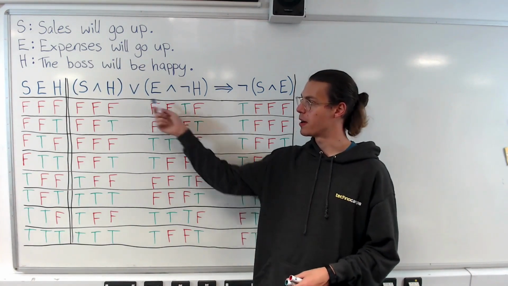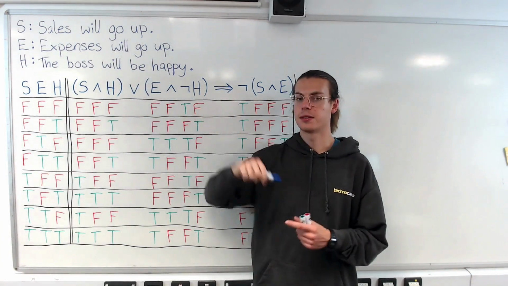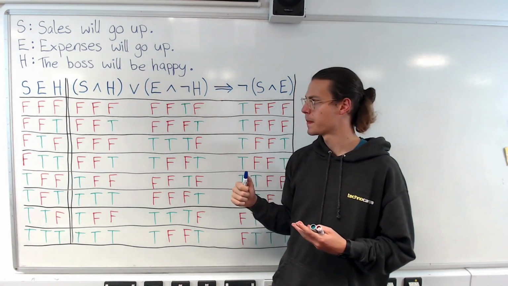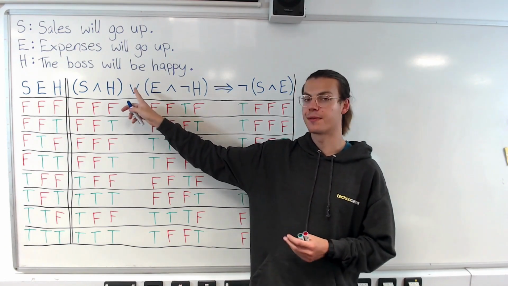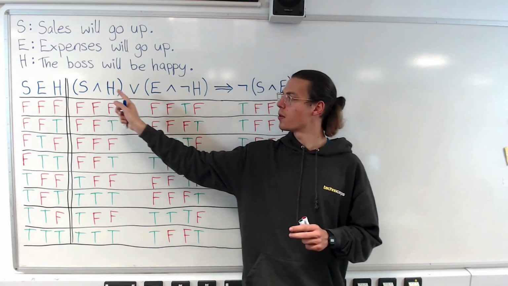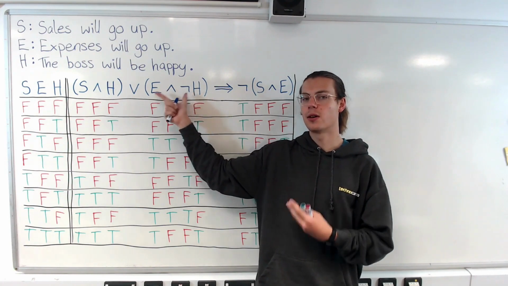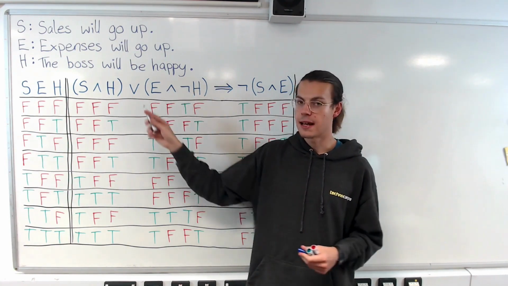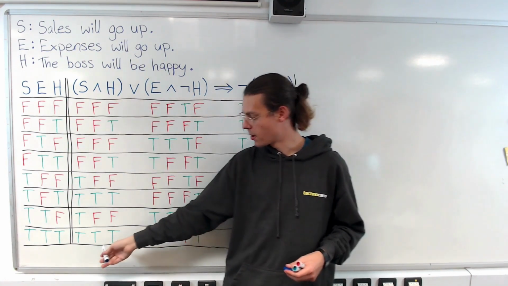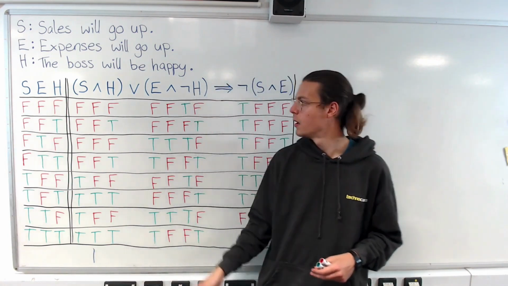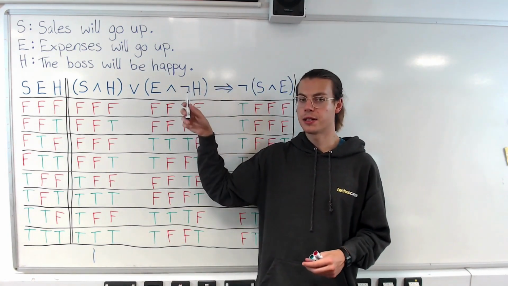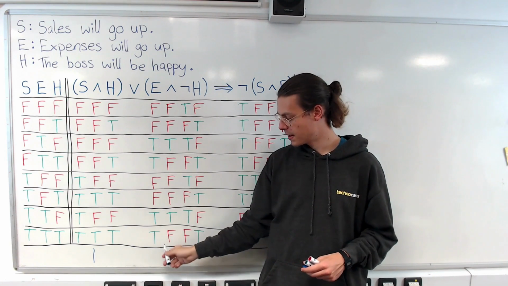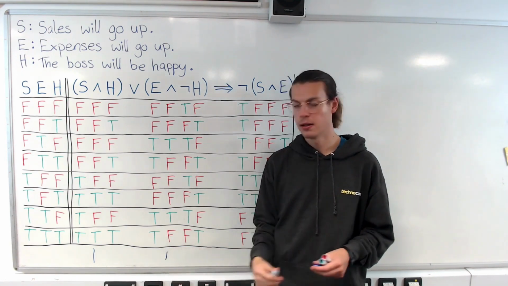Now to finish off the premise, we can evaluate this OR operator. We're looking here for the values of S and H, or E and not H. Now, S and H is given by the AND column. E and not H is given by the AND column here.